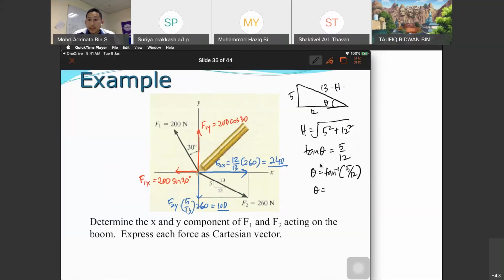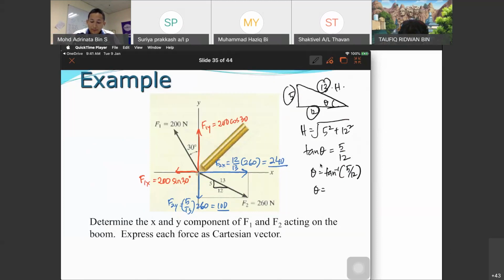It is actually a theta, but you can use the proportional rate of the triangle. That is the simplest and easy way because they have given you the triangle. So rather than you find the theta, you can use the 5, 12, and 13 value.